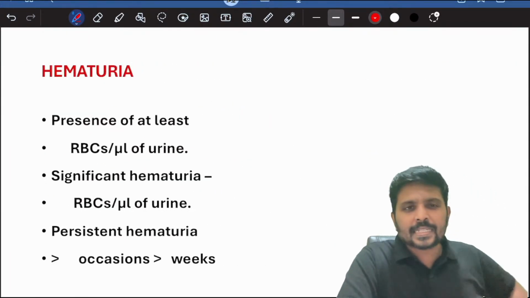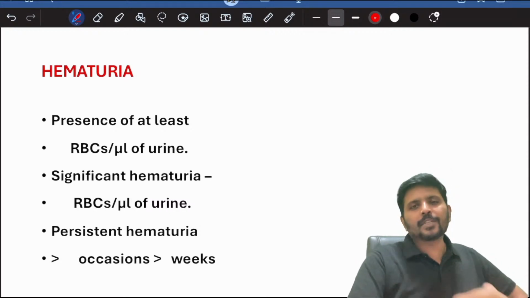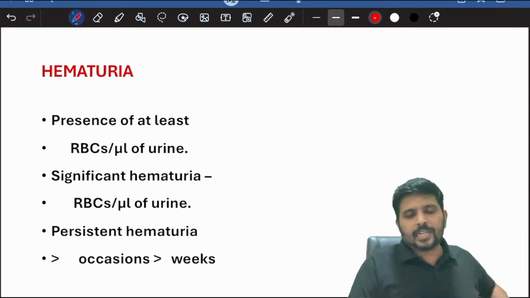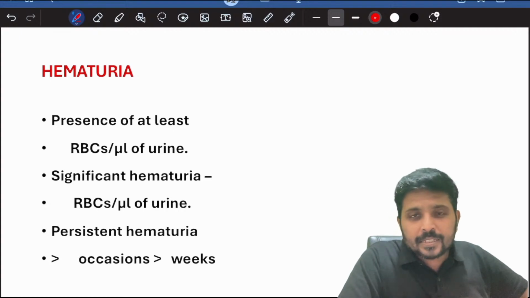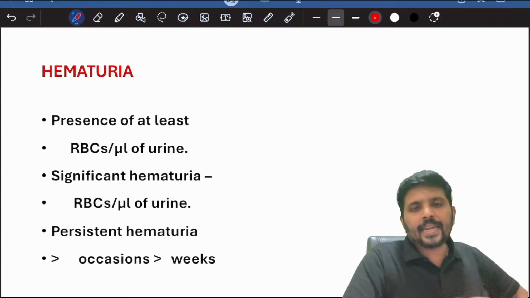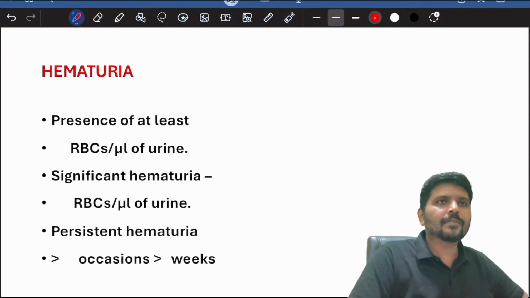Now, let us come to hematuria. What do you mean by hematuria? True hematuria means presence of RBCs in urine. How many RBCs should be there in a high power field to say that the child is having hematuria? Yes, Keshav?